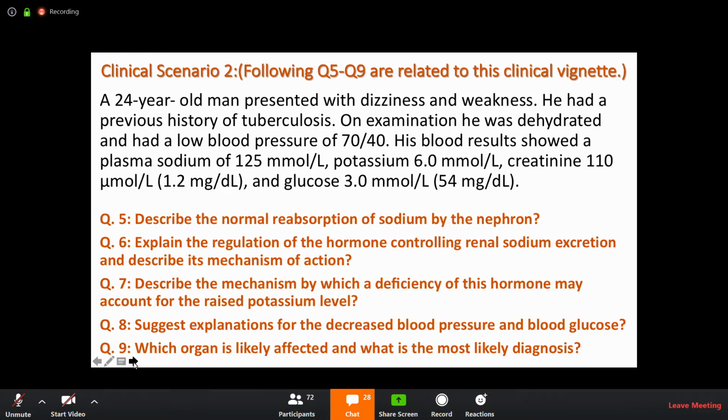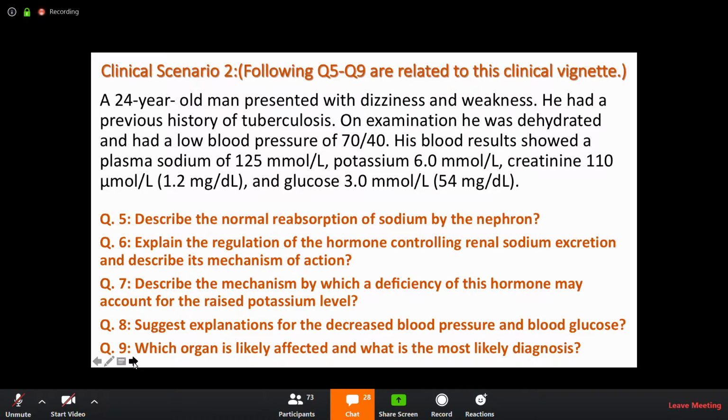Creatinine is 110 micromoles, which is 1.2 milligrams per deciliter. From the answer to my previous question, this is kind of normal, because about 1.1 milligrams per deciliter can be considered normal creatinine and therefore normal GFR. And lastly, his glucose is 3 millimoles per liter, which works out to about 54 milligrams per deciliter.